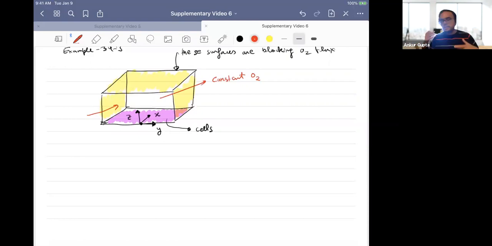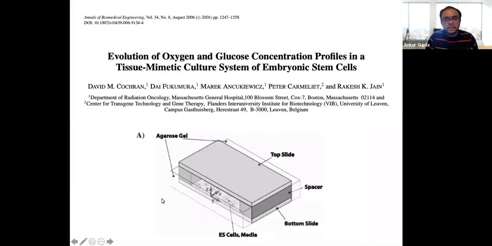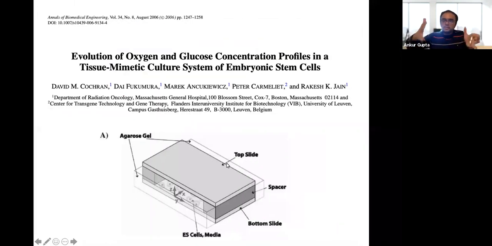So in this problem, you can see when we use constant surface concentration and constant flux boundary conditions in actual real systems. A constant surface concentration is used when we have a reservoir. This cell culture is exposed to oxygen outside, so the open sides will have a constant concentration. Where we have blocked the surfaces from the top and the side, that's where we have constant flux equal to 0.